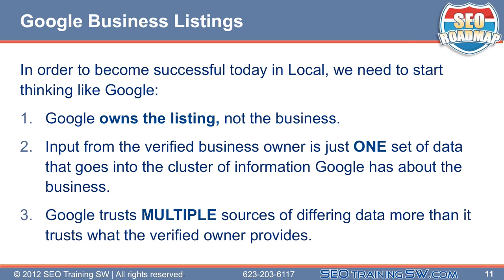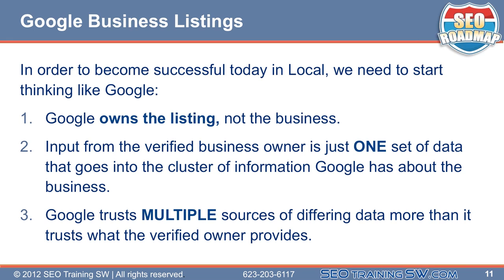It wasn't your listing in the first place, it was Google's. And because there was something wrong with the listing or something happened, Google just said, we're just going to take this listing out. It belongs to us. It's happening.